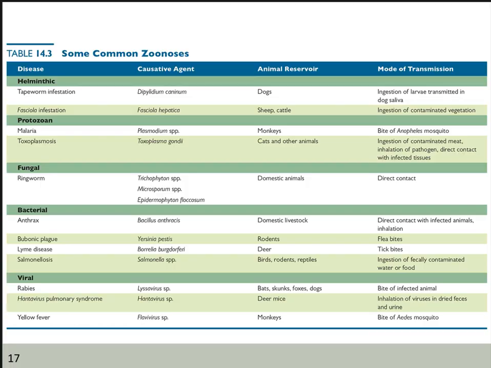These are examples of some different zoonotic diseases. We are actually going to discuss many of these in the last 6 chapters, so if you want to get a head start on learning the names of these microbes, I would highly recommend that.